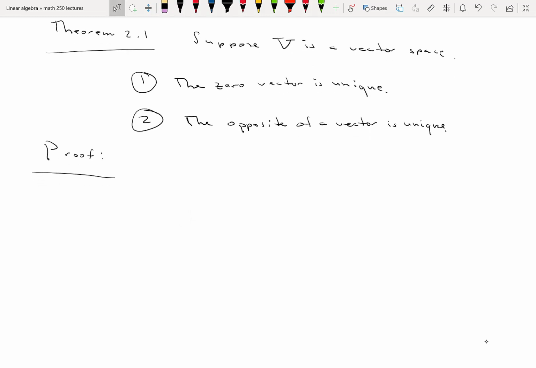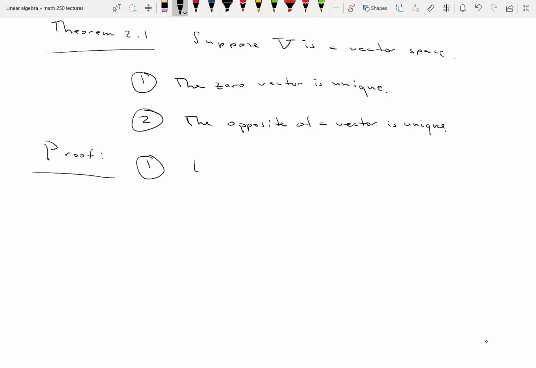I want to prove number one. I want to prove that the zero vector is unique. That means there's only one zero vector. A very common way of doing that, and I think I did this with the inverse of a matrix being unique in another video lecture: if you want to show that something's unique, assume that there are two of those objects and show that they must be equal to each other.